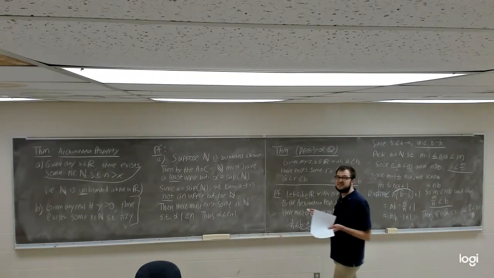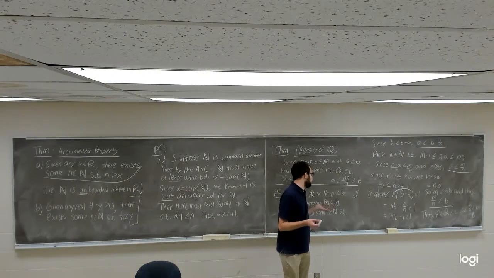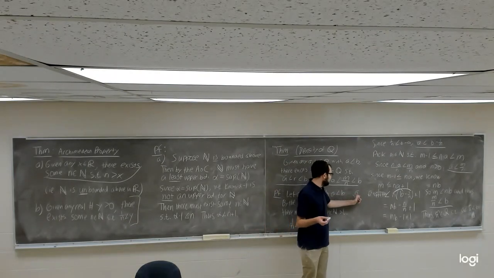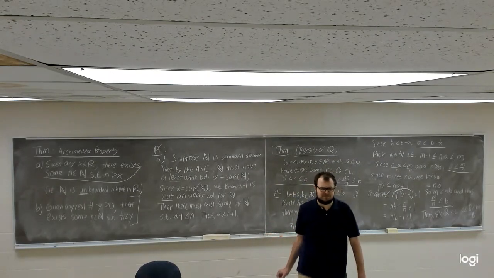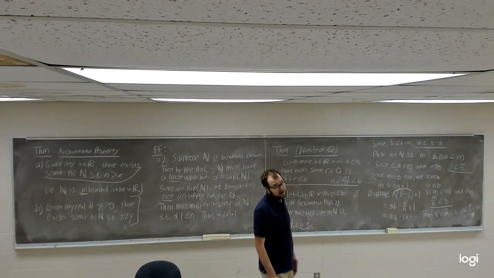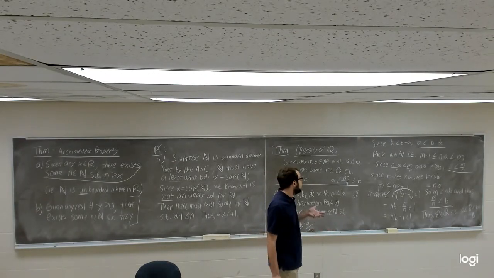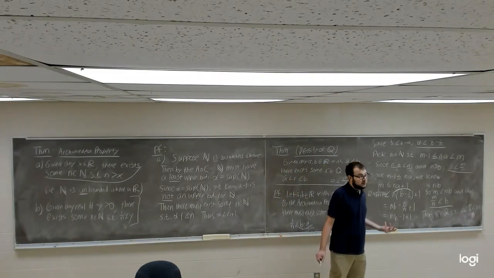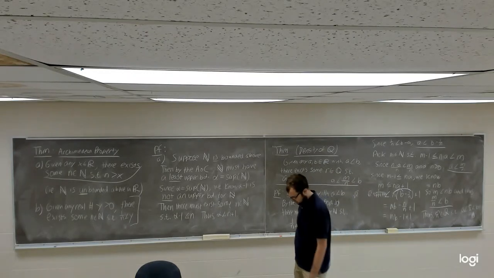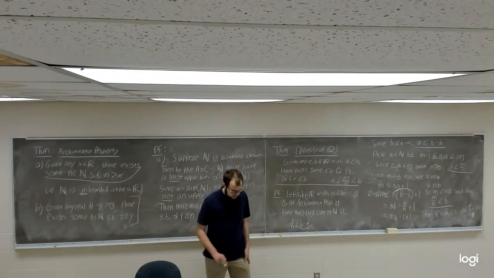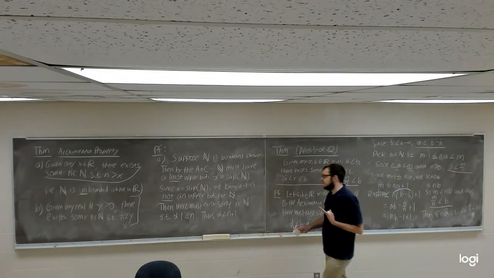According to this density property, we should be able to find some rational number that lies strictly in between, strictly greater than square root of 2 and strictly less than square root of 2 plus 1 over 999,999. Don't ask me to actually find one for these two specific numbers, because that would be tedious and annoying. But according to the theorem that we just proved, we should be able to do that. And so, due to this property, we say that Q is dense in R.